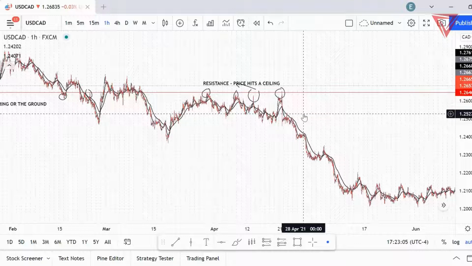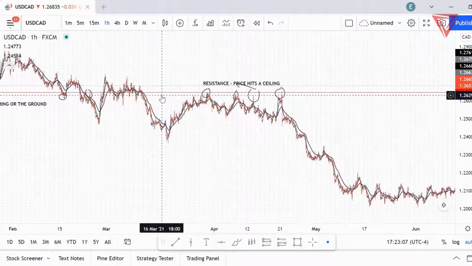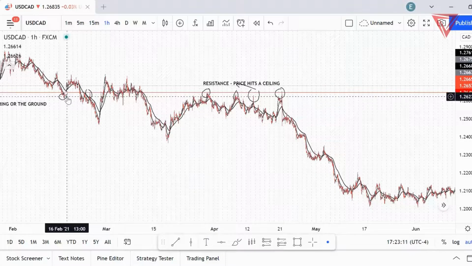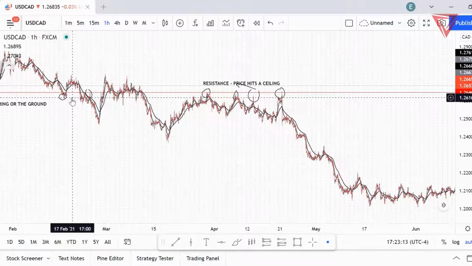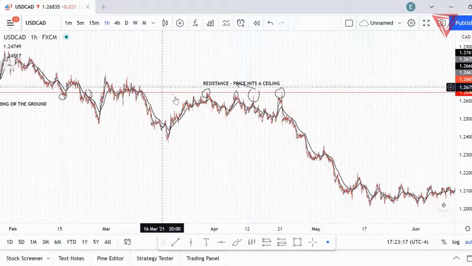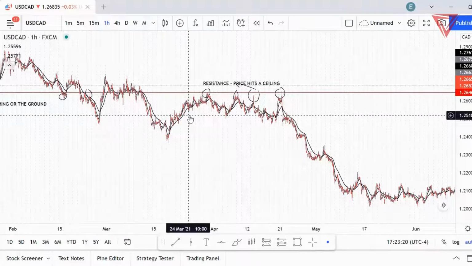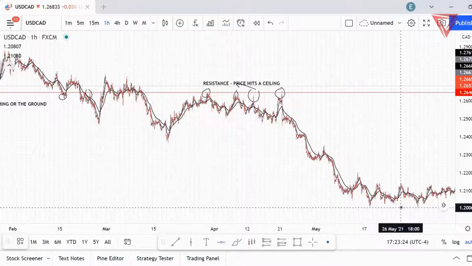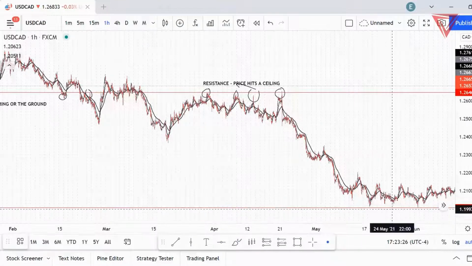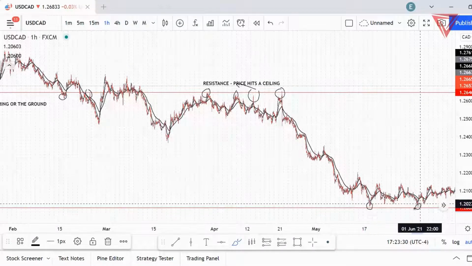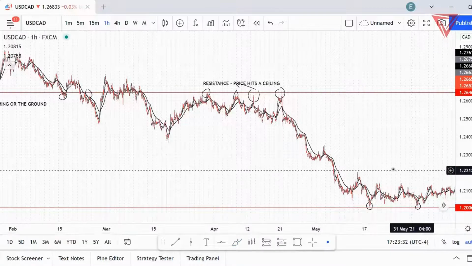But support and resistance is one of those concepts that essentially everybody gets accustomed to at some time along your journey as a trader. Every time price hits a line, what you're automatically trained to do is draw a little line there, and that is it. You're automatically looking for buys.